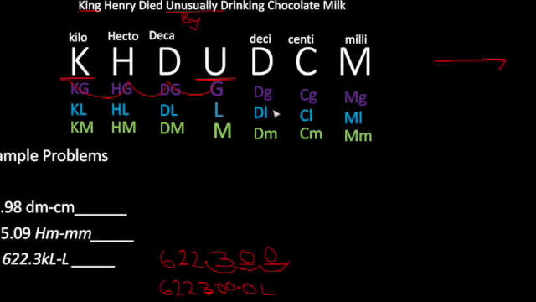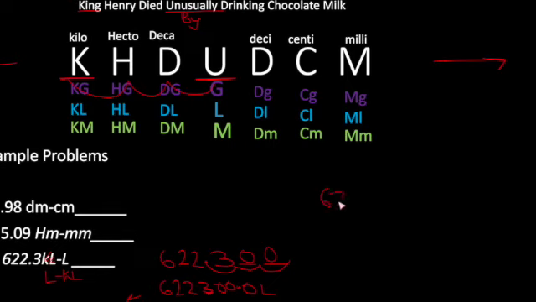It is really easy just as long as you get the concept. If you're going to the left, then all you would have to do is do the same thing, but move this way. If I said I was going from liters to kiloliters, 622.3 liters to kiloliters, then I would just do the opposite.